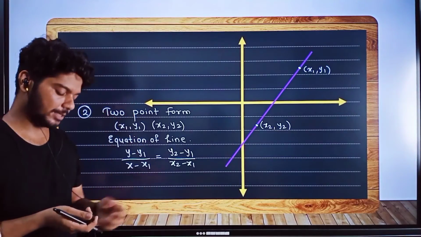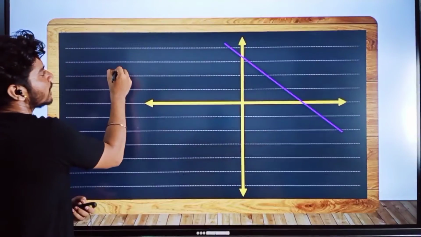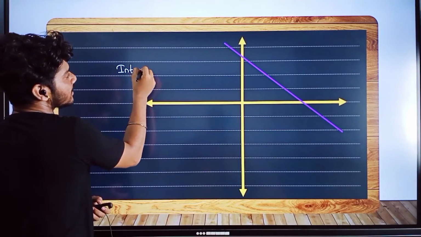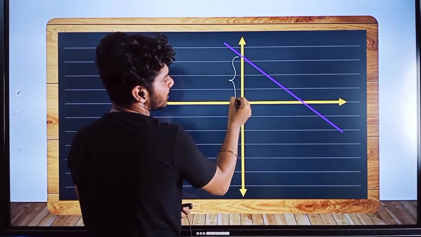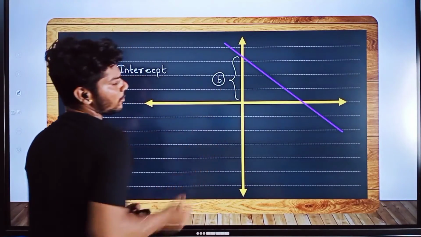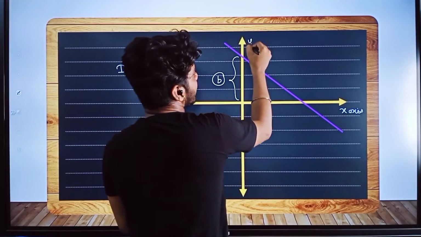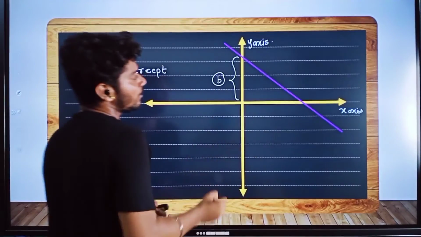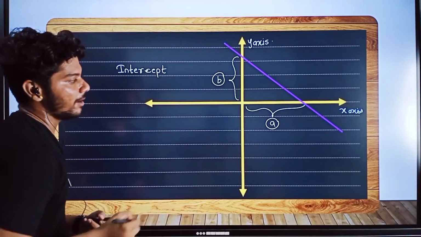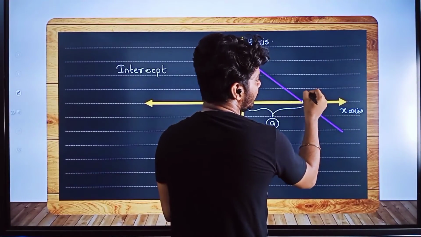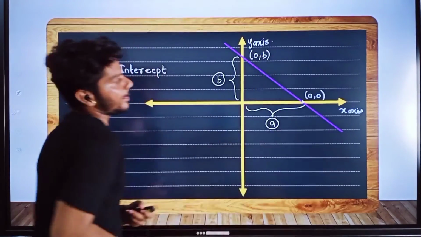Now let's move on to the next type, which is intercept form. First I will explain what an intercept is. It is not intersect, it is intercept. The y-intercept is denoted by b and the x-intercept is denoted by a. This is my x-axis and this is my y-axis. The coordinate of the x-intercept point would be (a, 0) and the coordinate of the y-intercept point would be (0, b).